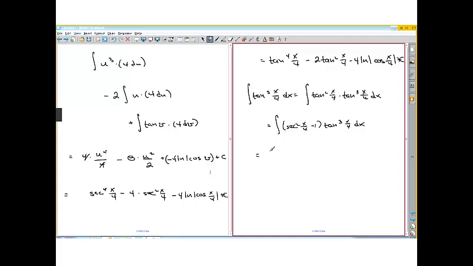Then they multiplied it out, and so the first integral is tangent cubed of x over 4 times secant squared of x over 4 dx, and the second one will be negative tangent cubed of x over 4 dx.